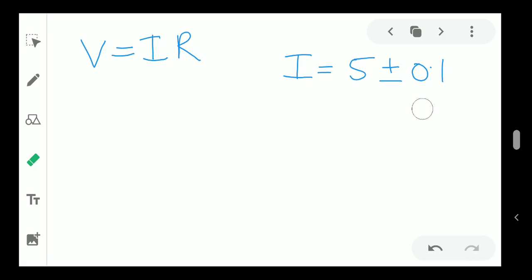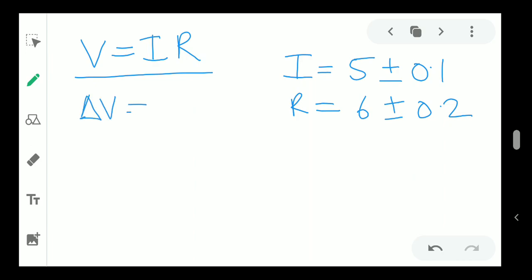So obviously the least count is this much, so there will be some error, and this is 0.1. And my R is, in that case, let's say 6 plus minus 0.2. In both cases, to find delta V I have to do something, but in this case absolute error will not add up. So let us find out a general form.